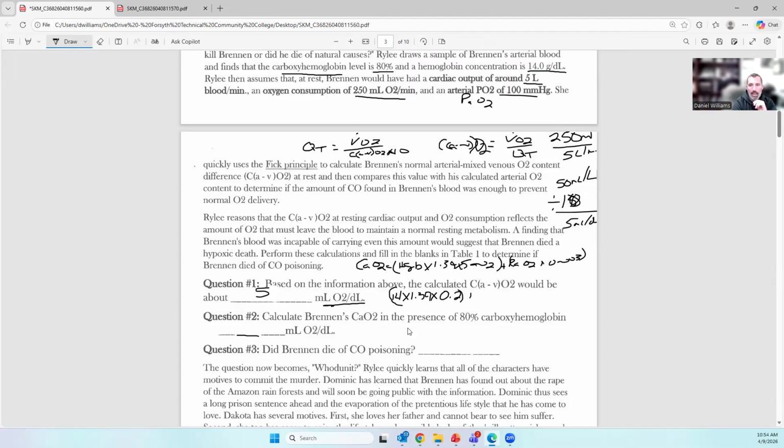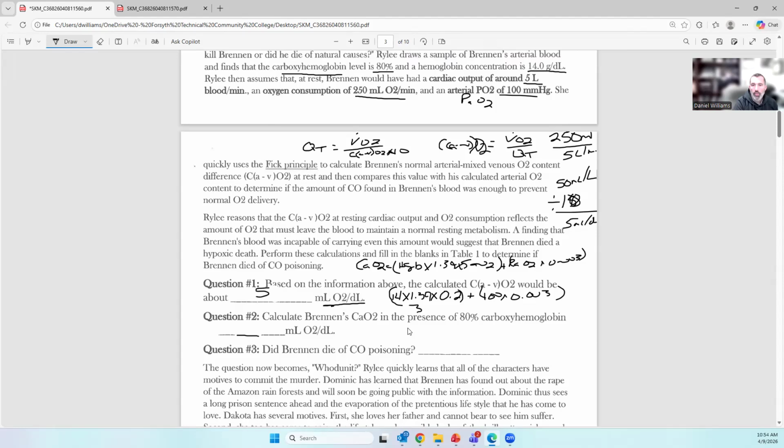And we know we're going to add to that 100, because that's our PaO2, times 0.003. If you work that out, I've got a calculator right quick. So 14 times 1.34 times 0.2 equals 3.75.